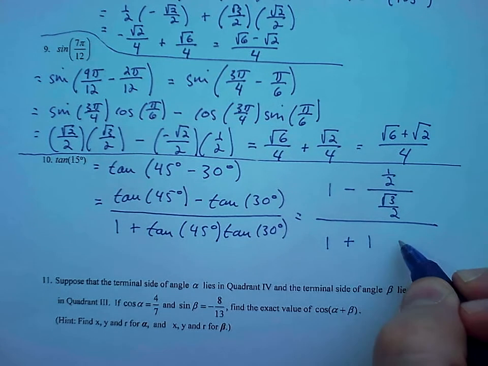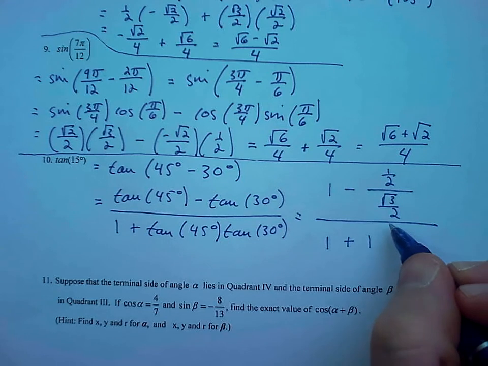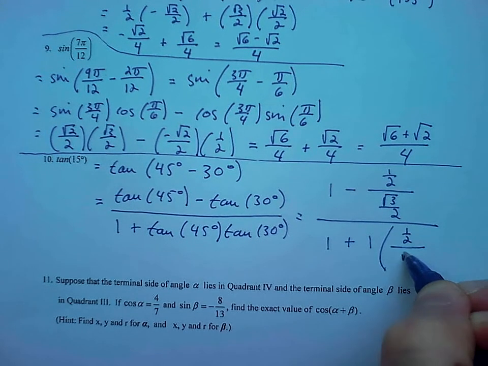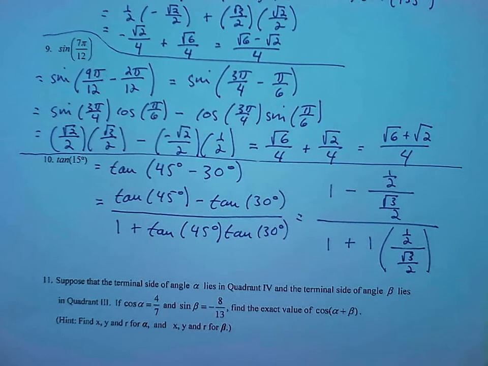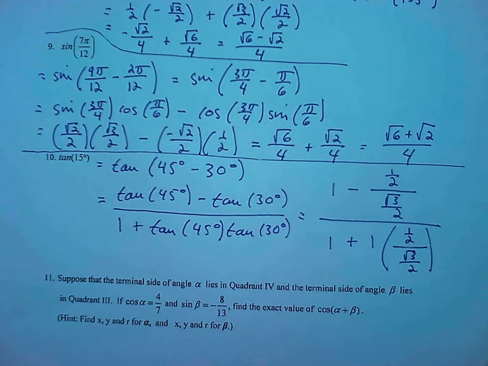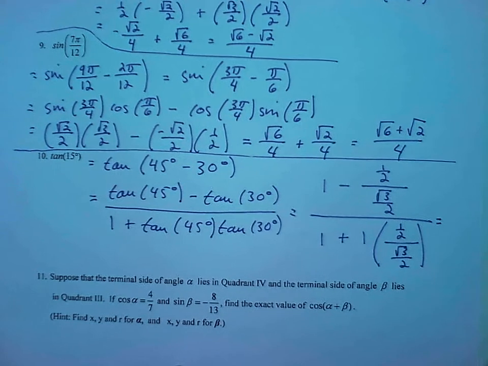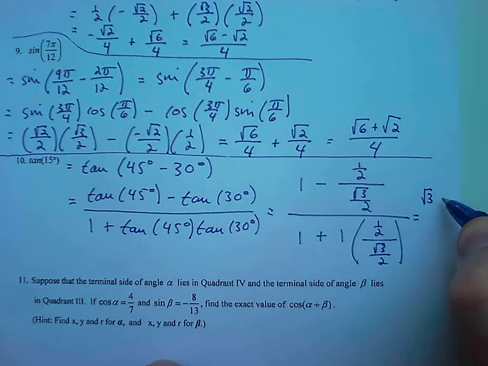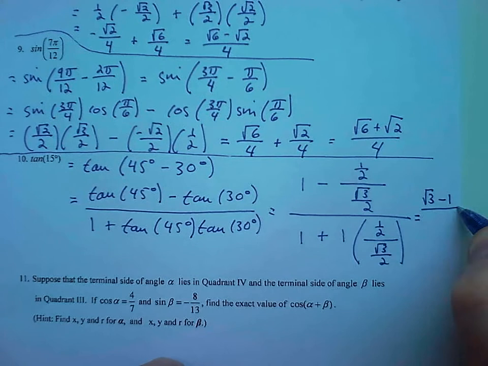And then just like above, the tangent of 30 degrees we can rewrite as 1/2 over square root of 3 over 2. If you do all of this arithmetic and simplification, you're going to get that this comes out to the square root of 3 minus 1 over the square root of 3 plus 1.